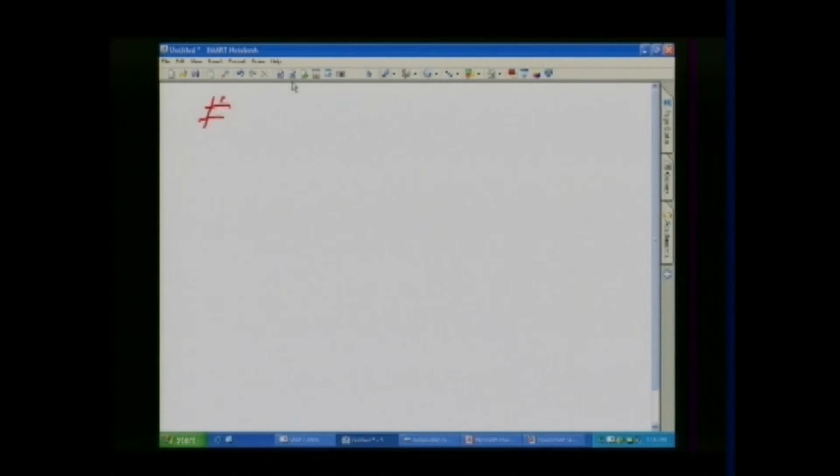Now let's look at an application problem in this section. Problem number 50. It's a manufacturing profits problem.